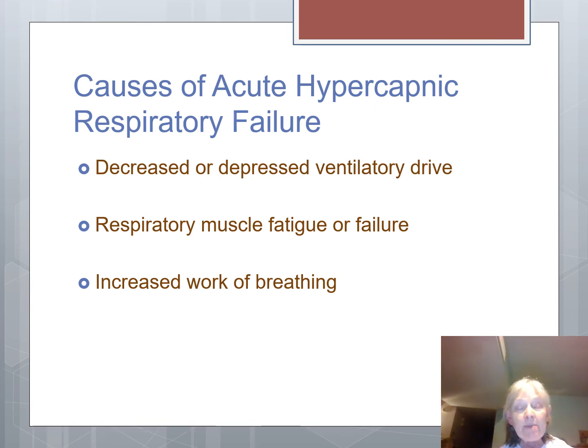If your brainstem is okay and there's nothing depressing it or decreasing it, then the second stopping point is going to be respiratory muscle failure or fatigue. If your patient has a neuromuscular disease, that's a good stopping point. The message is not going beyond that at that particular point in time.